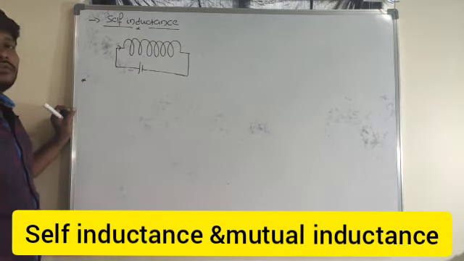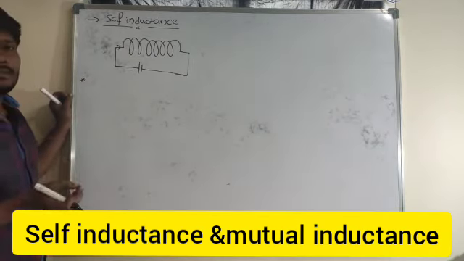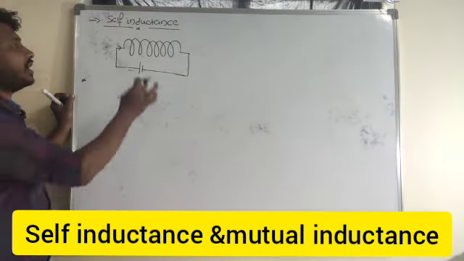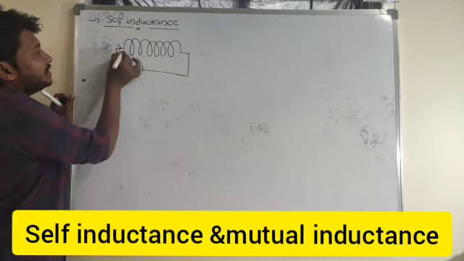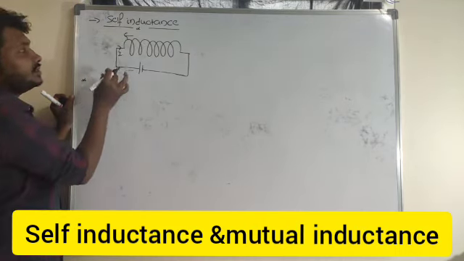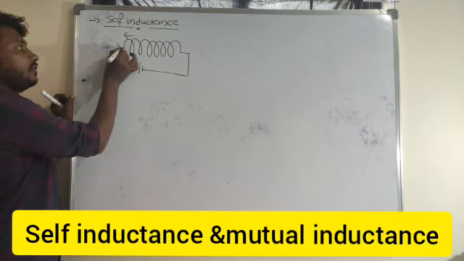So how will you define the concept of self inductance here? The phenomenon of production of EMF due to changing current in the coil. If you pass a changing current in this coil, then EMF is induced in the opposite direction of the changing current.